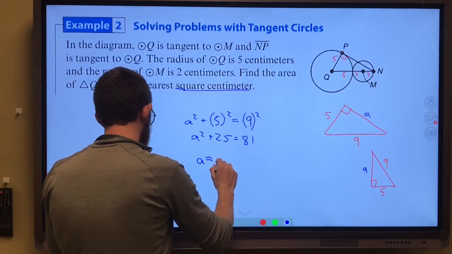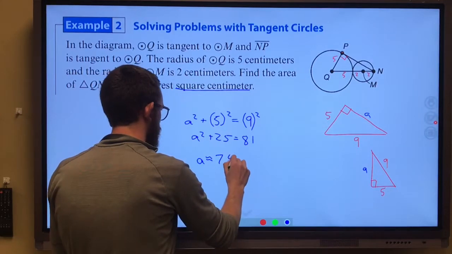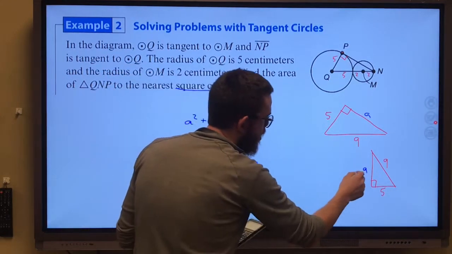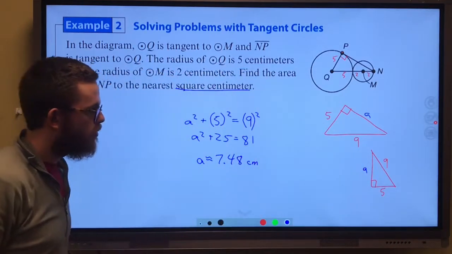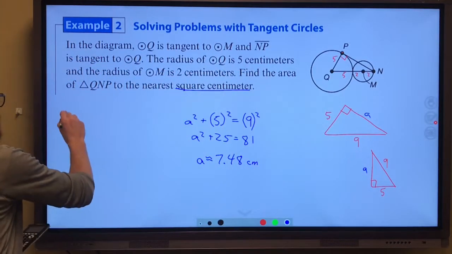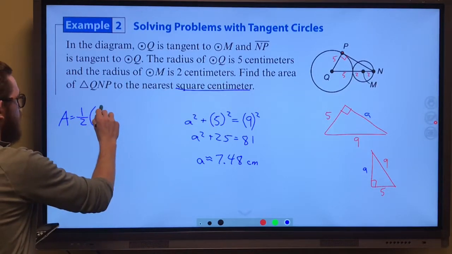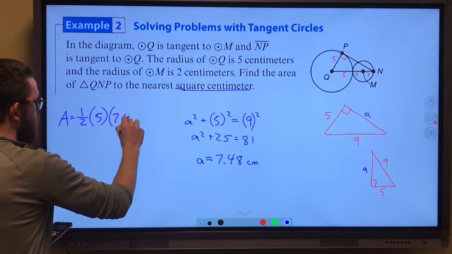This is about 7.48 centimeters. So I know that the height is 7.48 centimeters. I know the base is 5. The area of my triangle is 1/2 the base times the height.